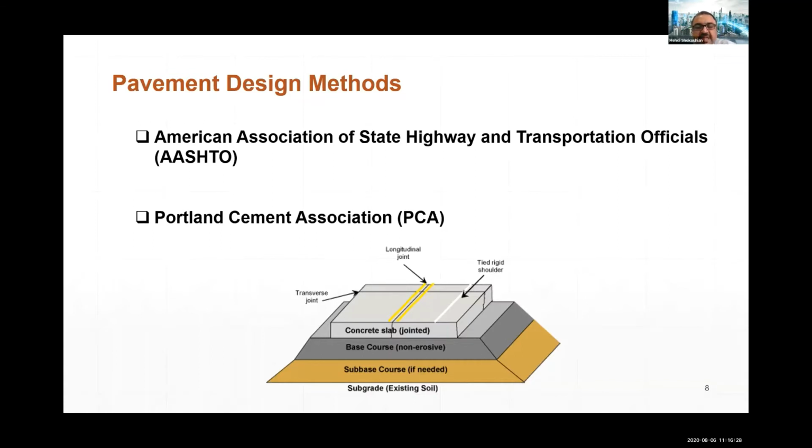The PCA thickness design for concrete highway and street pavements has more mechanistic features than the empirically based AASHTO guide. The PCA used load spectra analysis to calculate the bending stress in concrete due to the variation in axle loads and configurations.